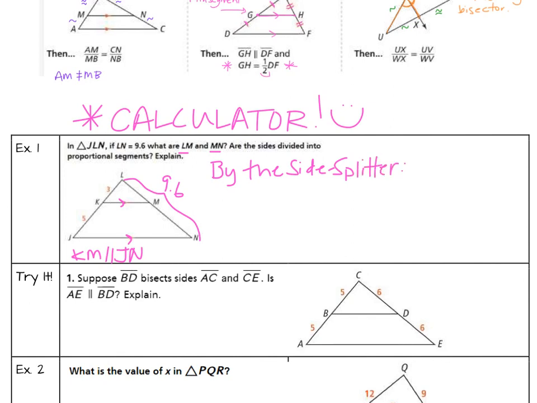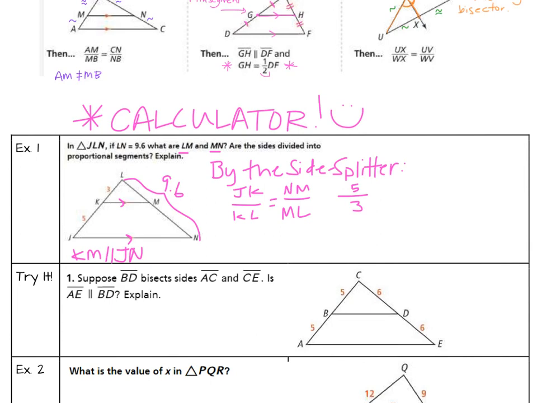We know that we can do JK over KL, and that proportion is going to equal NM over ML. So if we have 5 for JK and 3 for KL, well, now this is going to be a little tricky. Look at that right-hand side. We know LN is 9.6, but we don't know what the other parts are. So let's try to split it up.